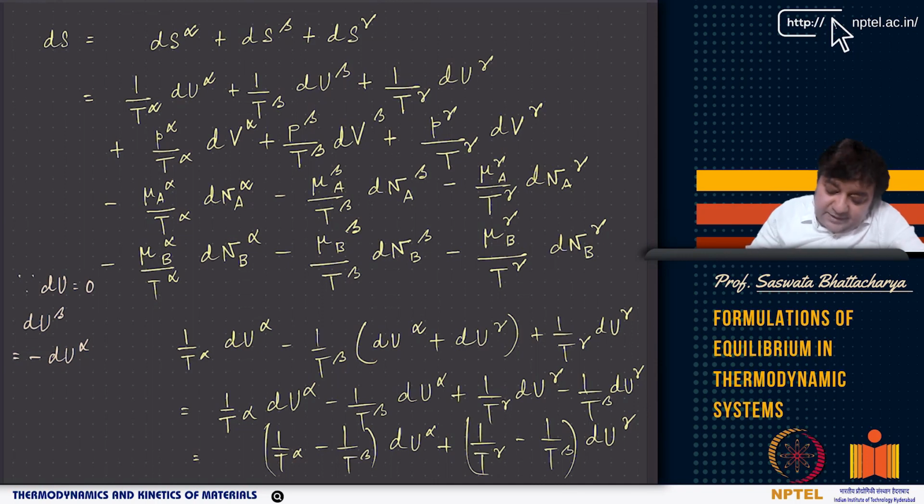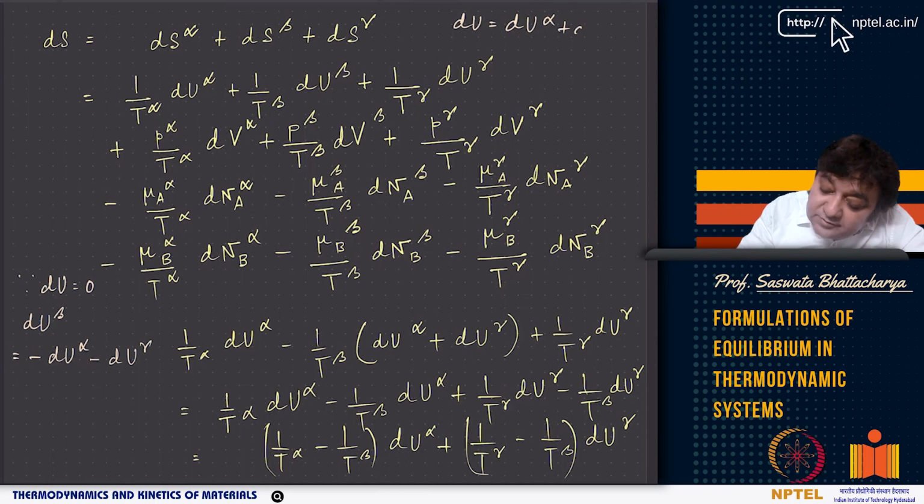Then we can substitute: dU beta is minus dU alpha minus dU gamma, right? Because total dU is dU alpha plus dU beta plus dU gamma.